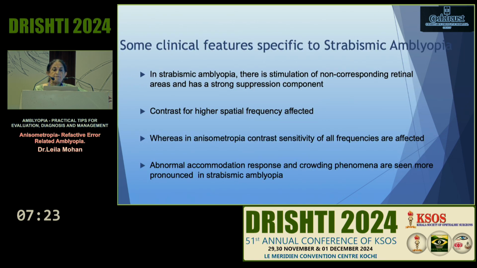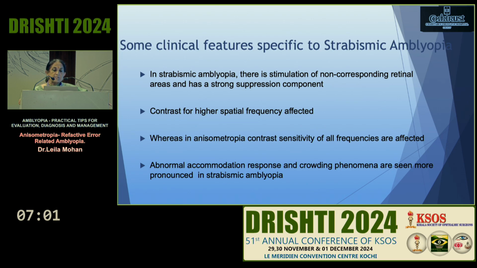Some clinical features are very specific to strabismic amblyopia. There is a stimulation of non-corresponding retinal areas and a very strong suppression component. Contrast for higher spatial frequency is affected more, whereas in anisometropic amblyopia, contrast sensitivity of all frequencies is affected.